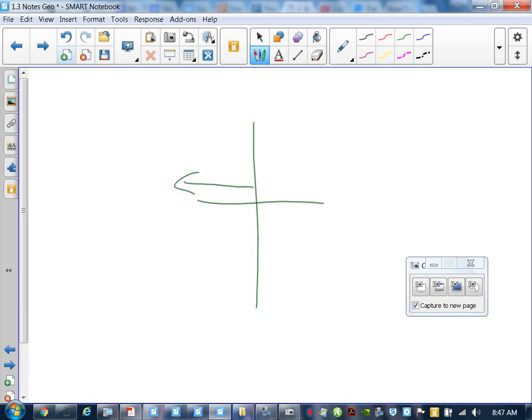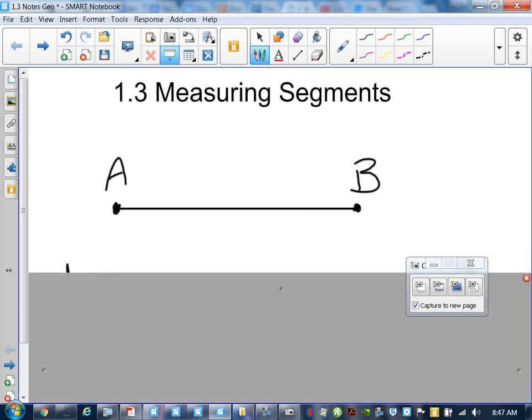It's still a placement, but how far are you away from zero? That's where the absolute value comes into play. So what we're looking at here today is how far apart things are from one another. And this is the idea that distance can't be negative. The way that works is because we use what's called absolute value. Absolute value is how far apart something is from zero.